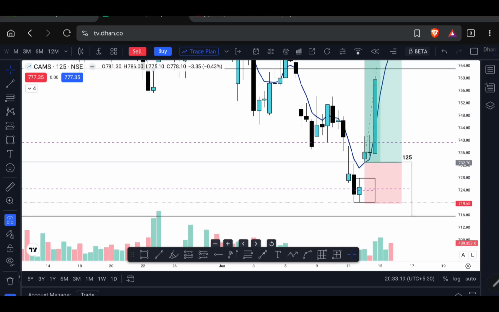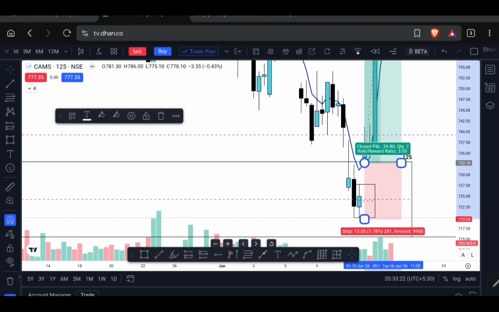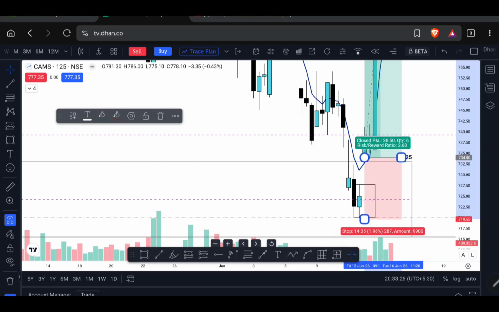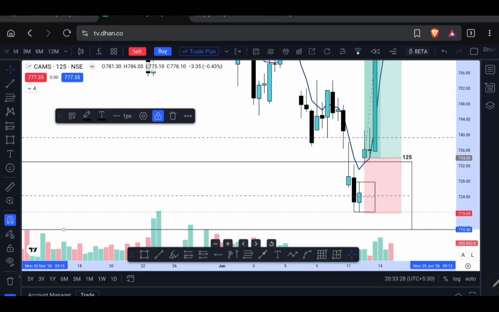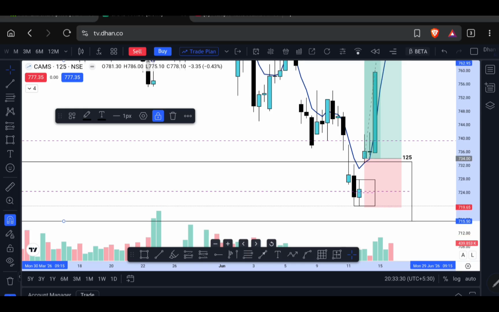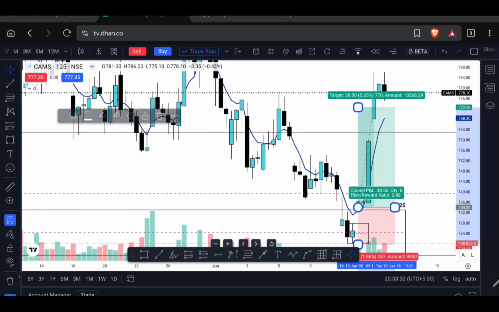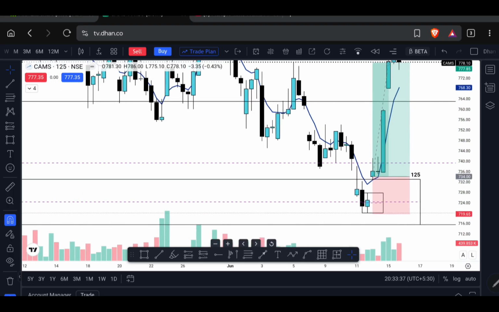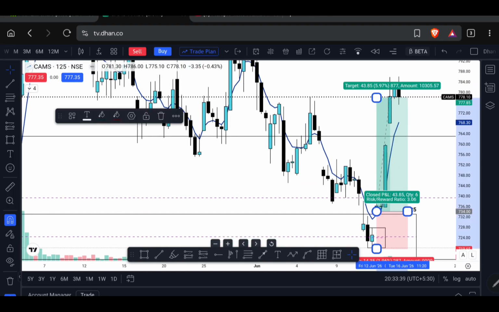If you see that the market has gapped up, you won't guess that it will come down. You can directly enter at the opening price of that day and keep the target as 1:3.